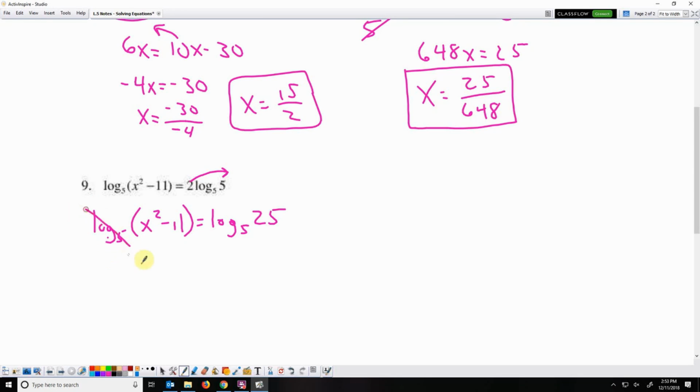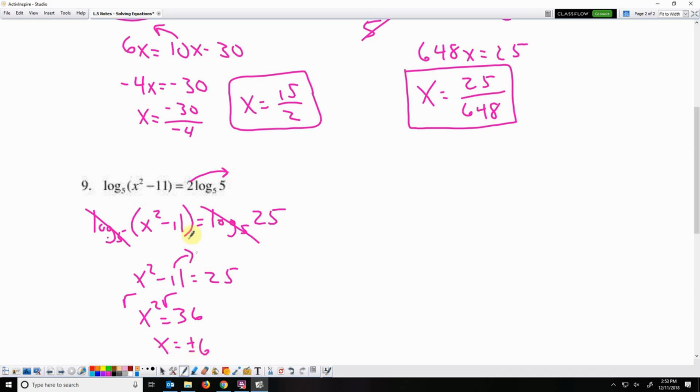Okay, so now I can cancel my logarithms, and I've got x squared minus 11 equals 25. I can move that 11 over. x squared equals 36, and take a square root. So I get x equals plus or minus 6.